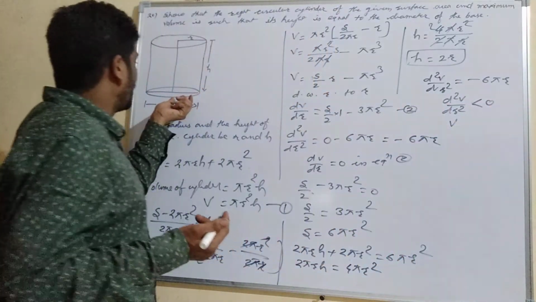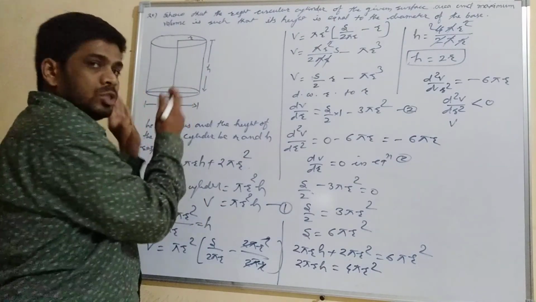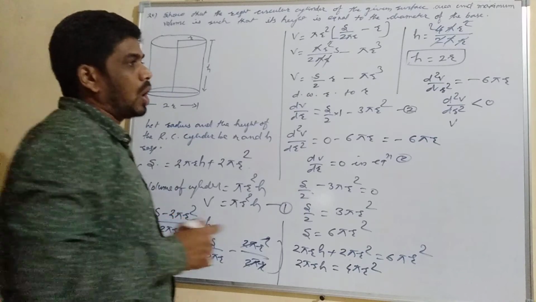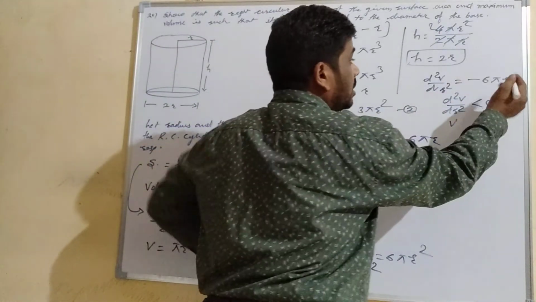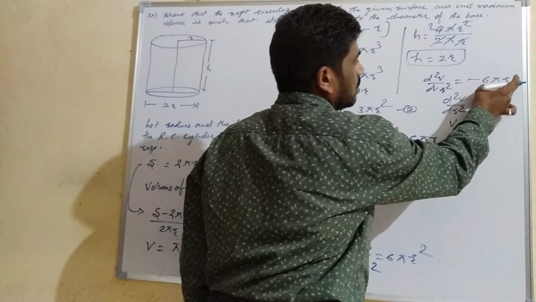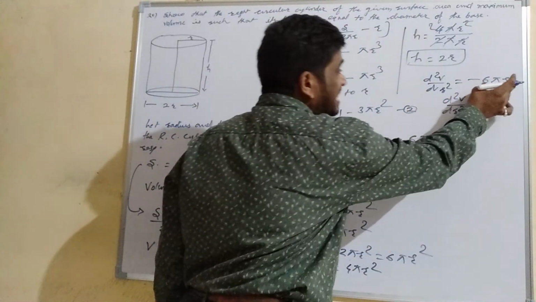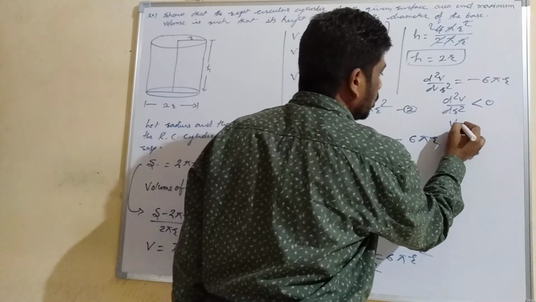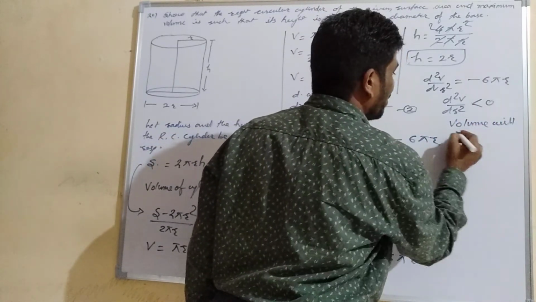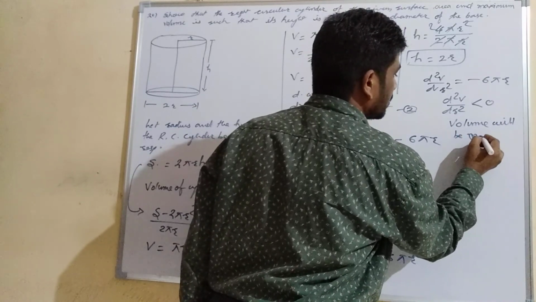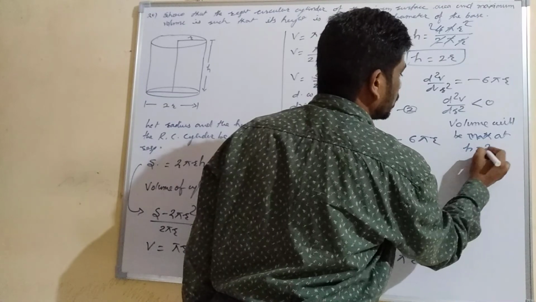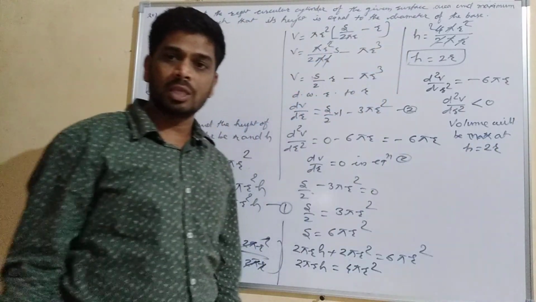If r were less than 0, we can't make the cylinder. So r will be always positive. So for any value of r, this will be always negative, which means volume will be maximum at h equal to 2r. This one only we have to show.